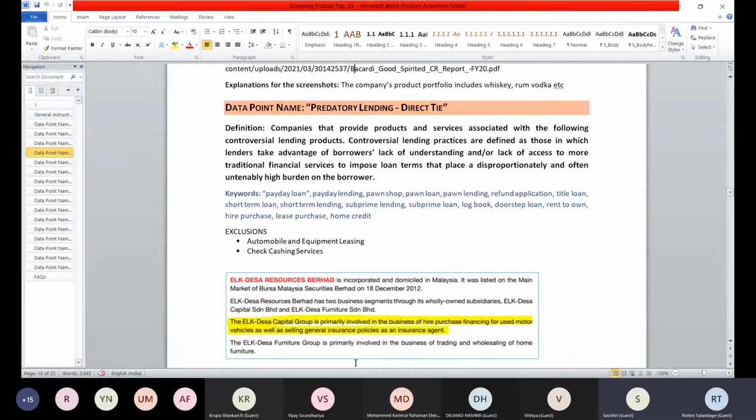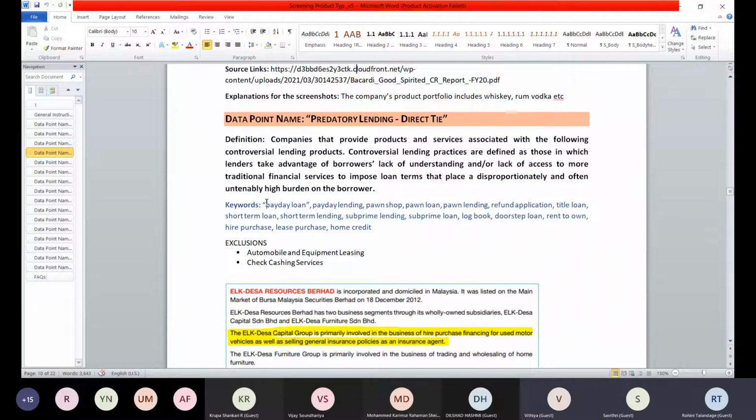Any doubt in this? You need to search with all these keywords, and you need to check whether they are providing all these services or not. If they are providing, then you have to mark it as yes. If you are getting any result from these keywords, you need to read that paragraph properly, whether they are providing that service, or they are buying any asset on lease or on hire purchase basis.